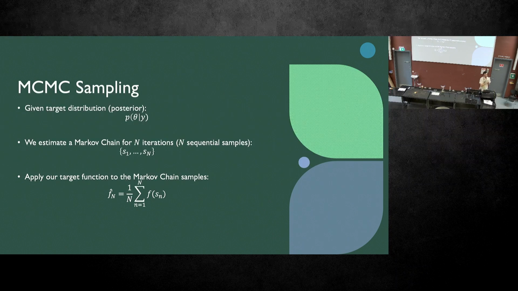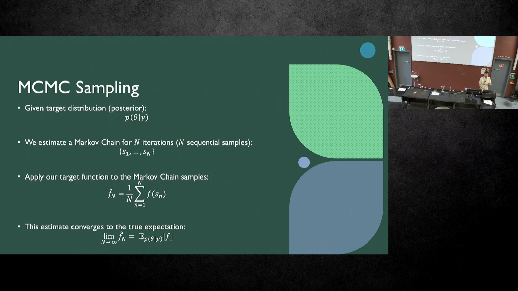After we've taken our n samples, we apply our function of interest to this Markov chain, and we take the expectation across it. It has been shown that as the number of transitions in this chain tends to infinity, our expectation converges to the true expectation, what that true value would be if you had exactly the posterior distribution, not just an approximation of it.